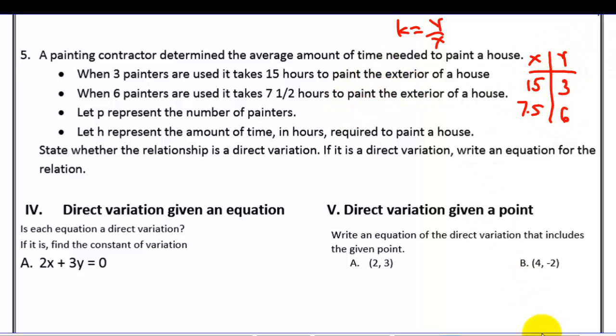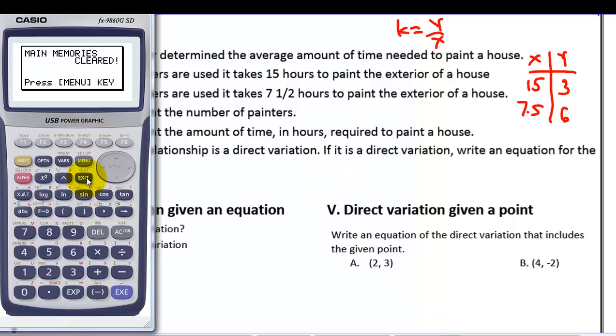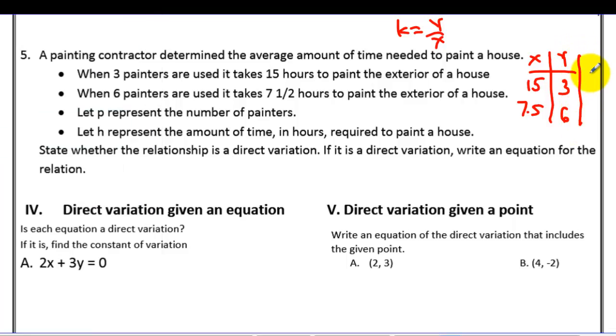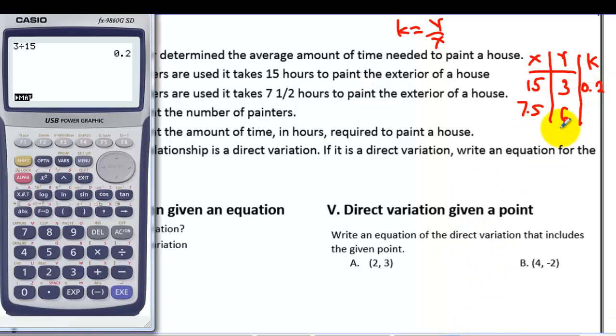So go ahead, let's try to divide 3 by 15. So 3 divided by 15 is equal to 0.2. So our k here is 0.2.